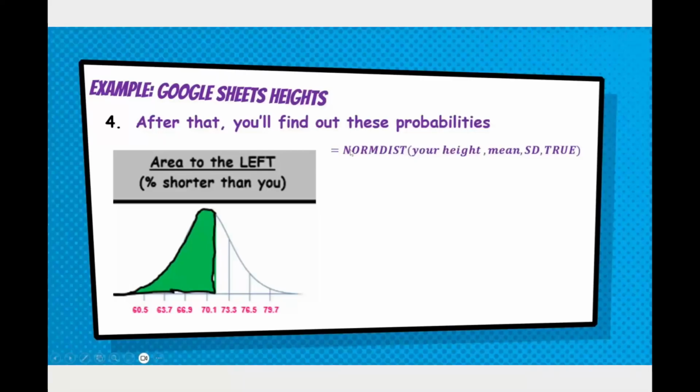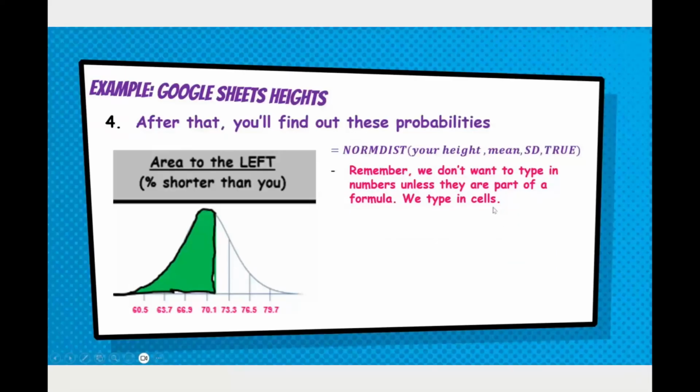So equals NORMDIST, and we have to spell this right. Then parentheses, and this is broken down. We need 4 values here. The first value needs to be your height, comma. We're not doing any spaces: your height, comma, the mean, comma, the standard deviation, comma, and the word TRUE.